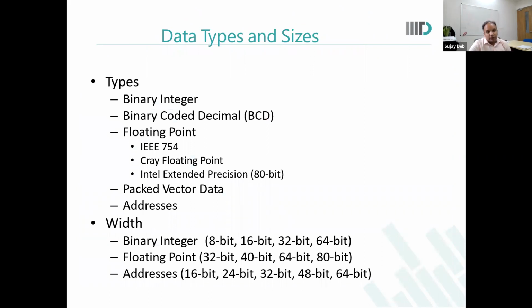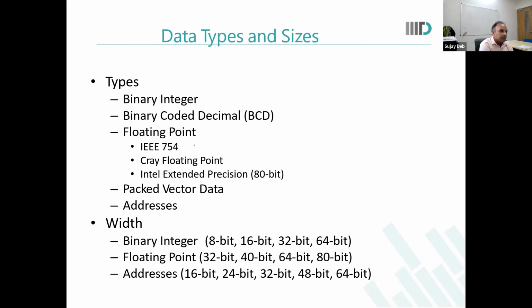The data types are also very important things which are specified in the ISA. For example, whether you can deal with binary integers, binary BCDs, whether you will be able to deal with floating point numbers. How do you deal with floating point numbers? Do you follow the IEEE 754 format?